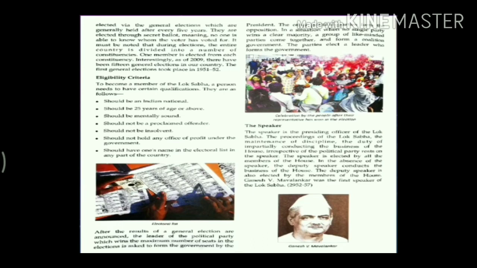But when such a majority is not there, then like-minded parties can come together and form the government, and that is called the coalition government. The parties elect a leader who forms the government. Right now Narendra Modi ji, belonging to the BJP, is forming the government, governing our country, isn't it? In the same way, the party elects a leader who forms the government.